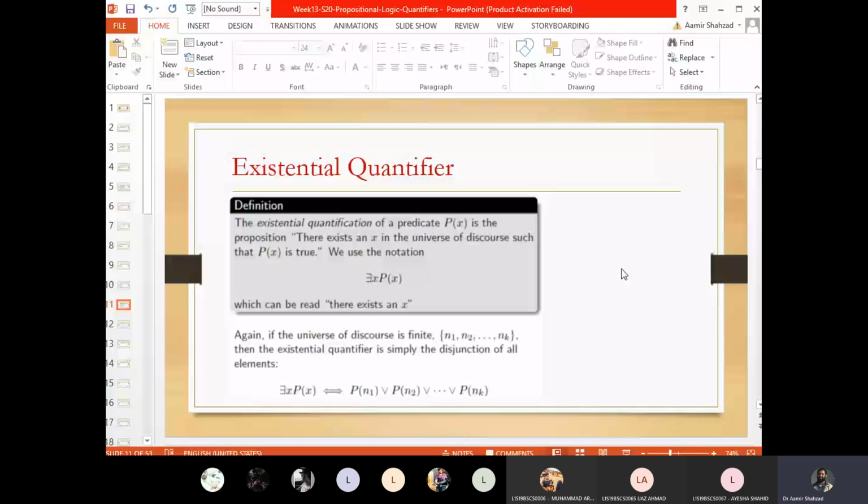There exists x, P of x is true. And then we said that the existential quantifier is a disjunction. It's an or operator. So if for even one value our predicate becomes true, the whole expression becomes true. So existential quantifier, if there exists something for which our predicate is true.